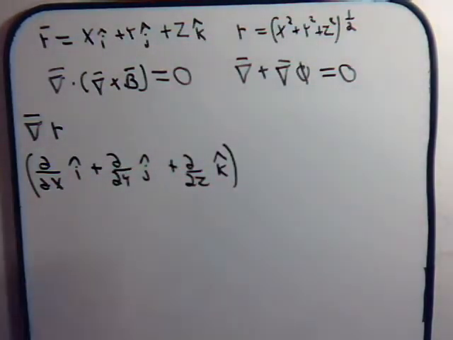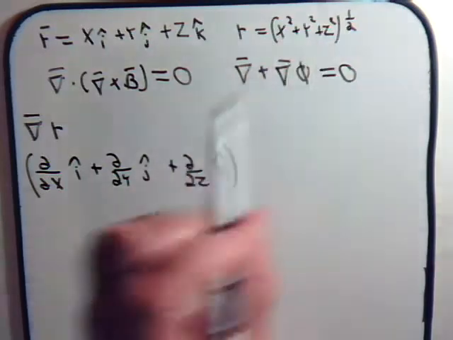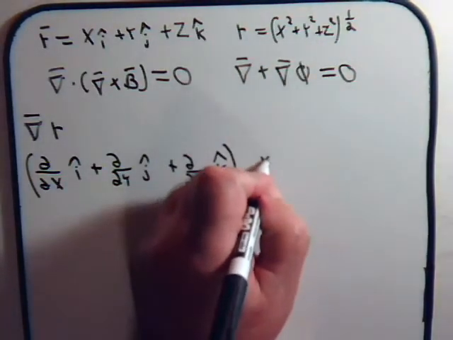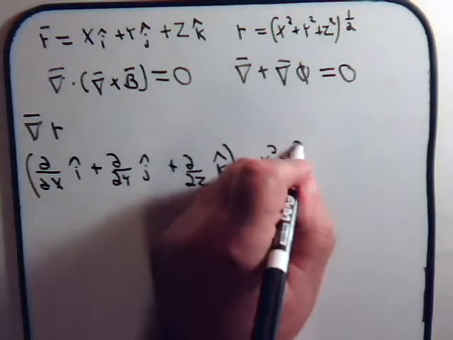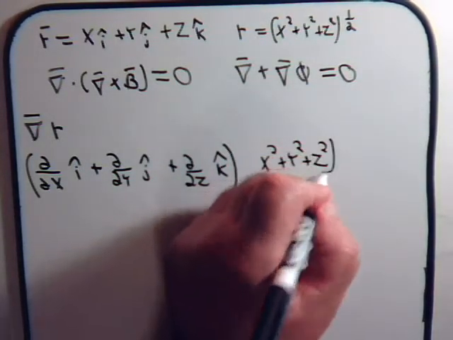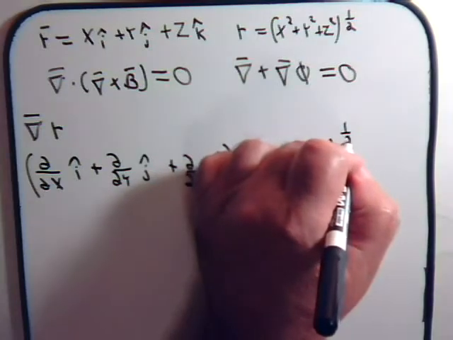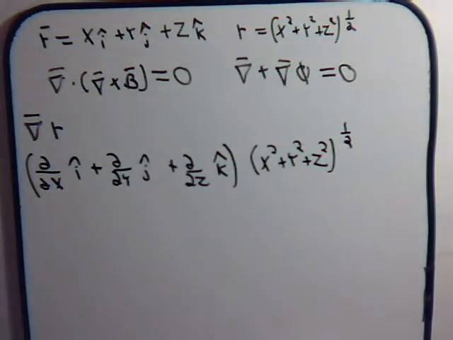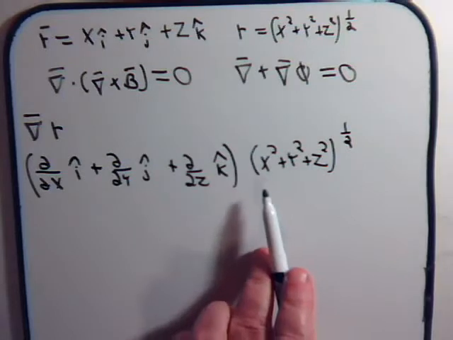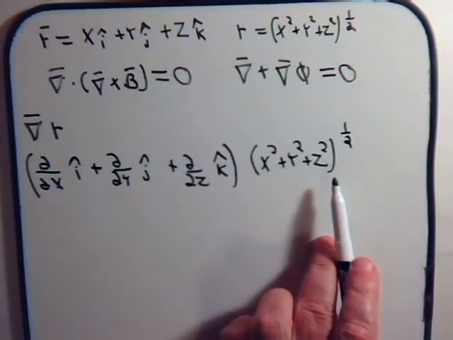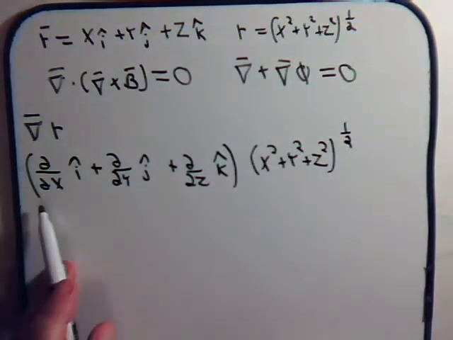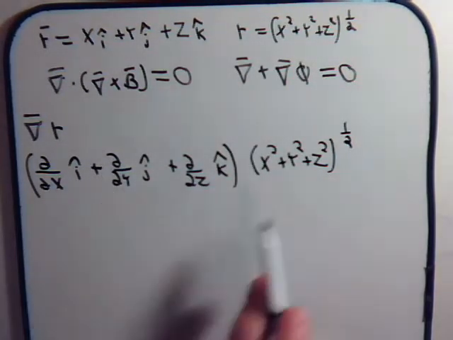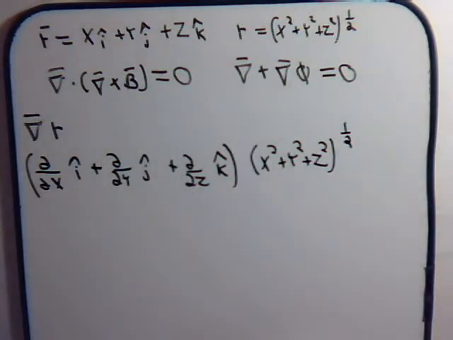And that's going to operate on this. So what we're going to be doing is taking the partial derivative of this with respect to x, then do it again with respect to y, then with respect to z, and that will be the i, j, and k components of the resulting gradient vector.